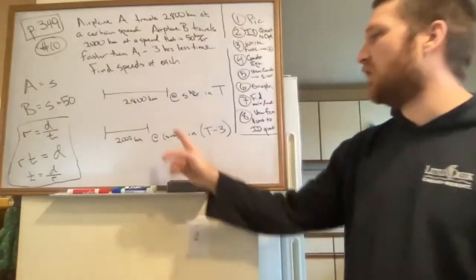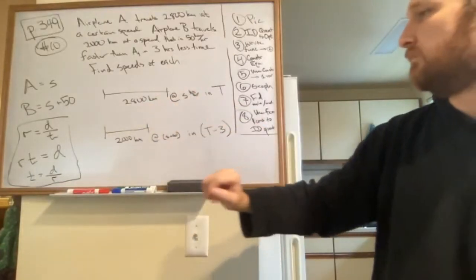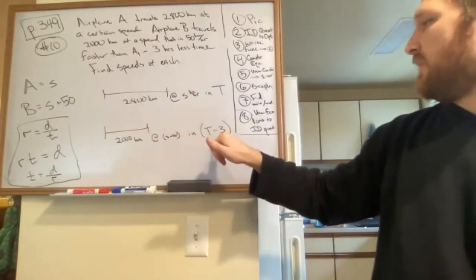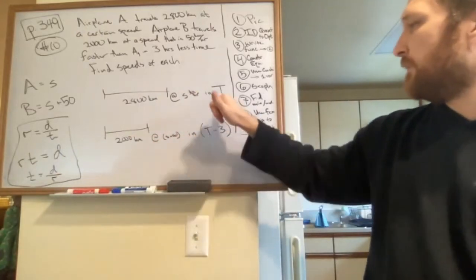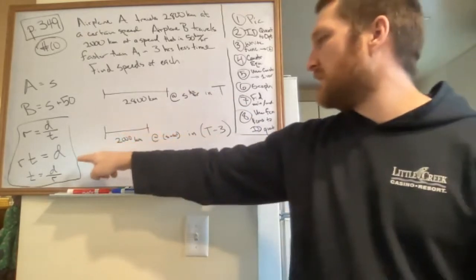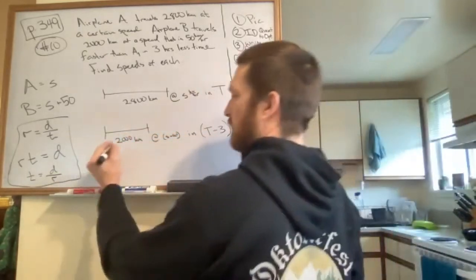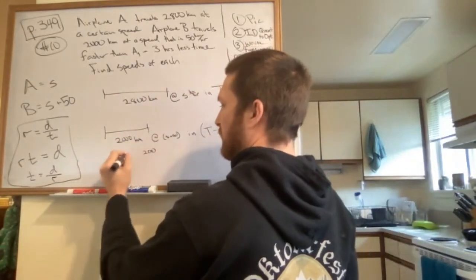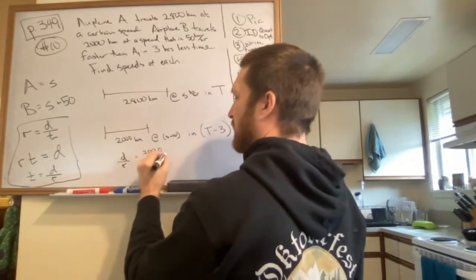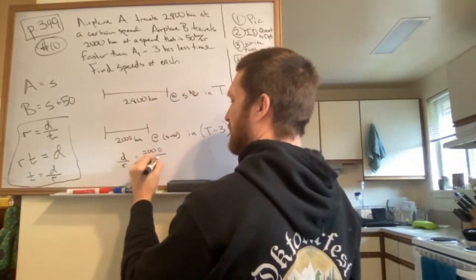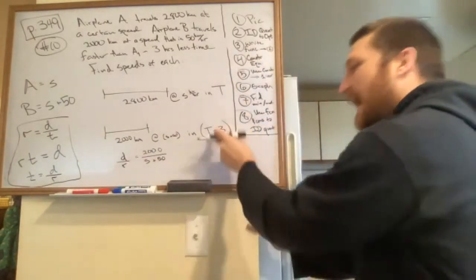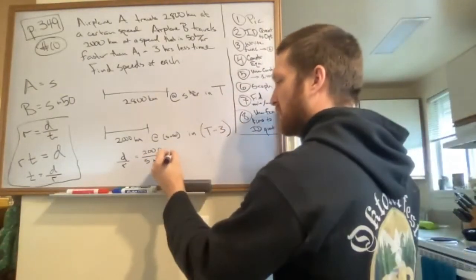I'm seeing, okay, we have a distance and a rate, and we have times here. Putting this together, distance over rate is 2,000 divided by S plus 50, which equals the time that it takes, in other words, equals T minus 3.